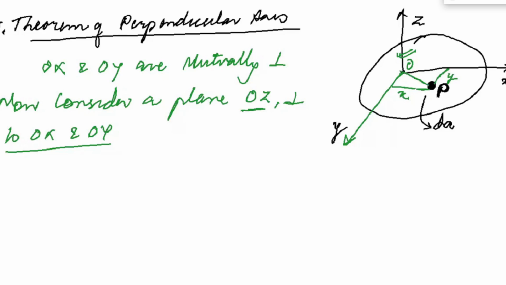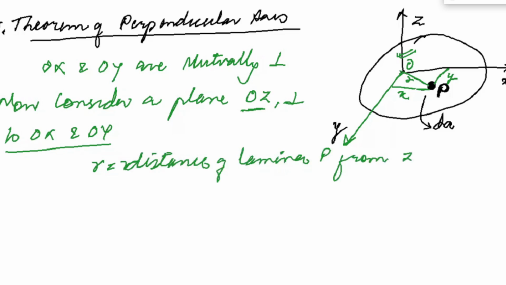And now its resultant is r from point O. From the geometry, r is the distance of lamina P from the z-axis, such that OP is small r.